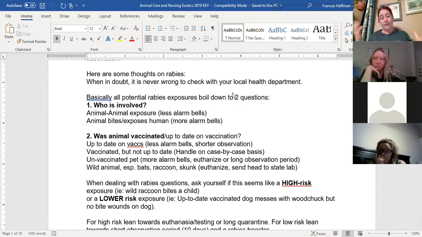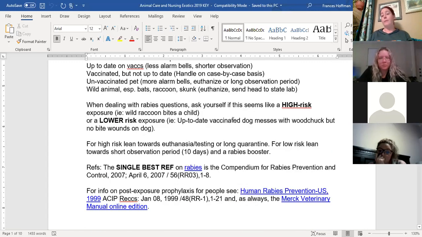For vaccinated versus unvaccinated pets, we have different quarantine time periods and monitoring. And if the animal ever shows neurological signs, it will often get euthanized and sent to the state lab as well. Remember, with rabies we have to take brain tissue, and it's not something you can take while the animal is alive. Unfortunately, it has to be tested after the animal has been euthanized.